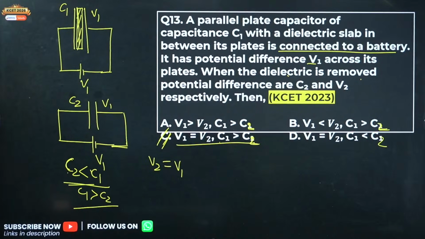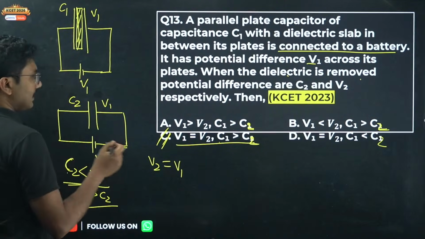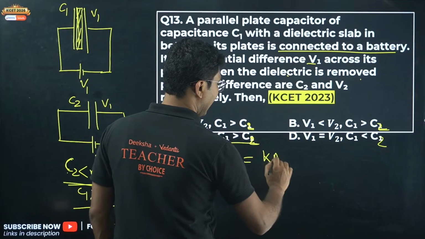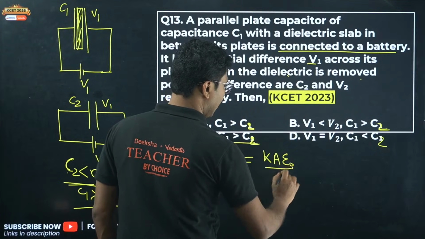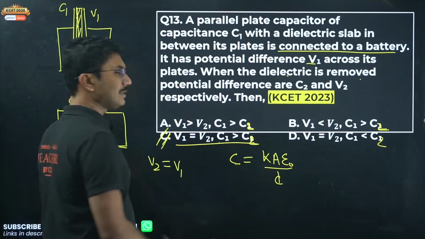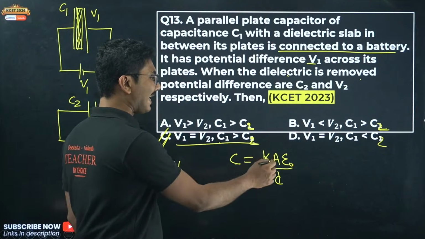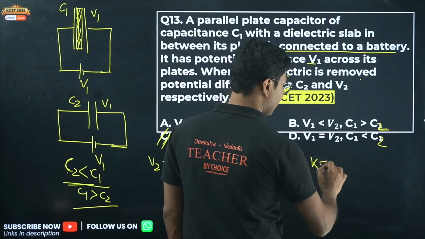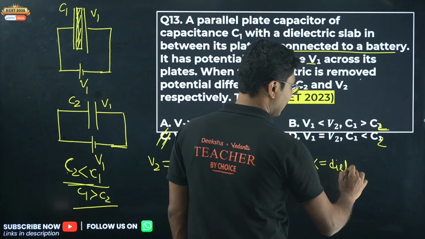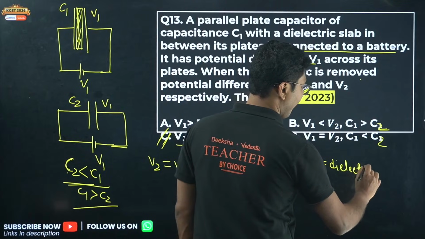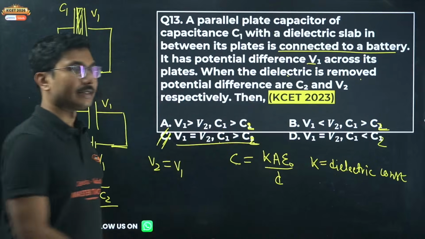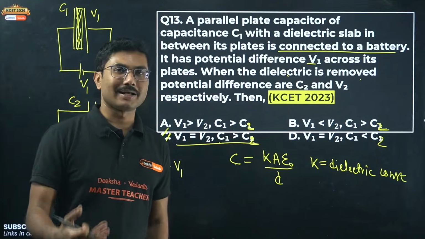So if you see here, capacitance is given by K A epsilon naught by d. What is K? K is the dielectric constant. Suppose you have inserted a dielectric, the dielectric constant is always greater than 1.